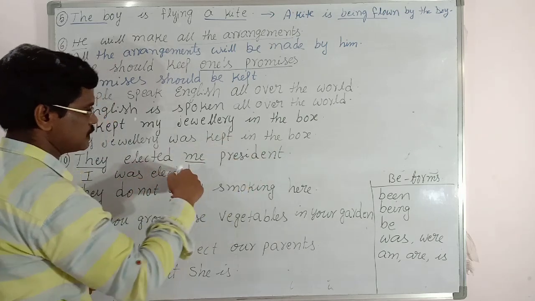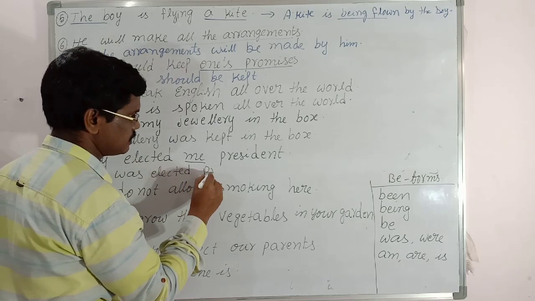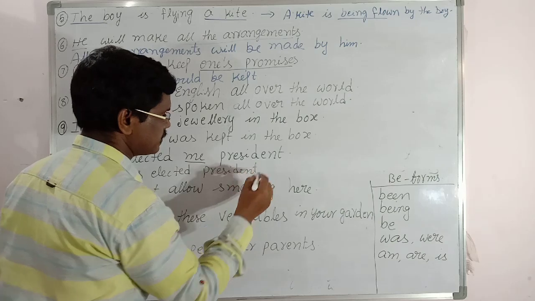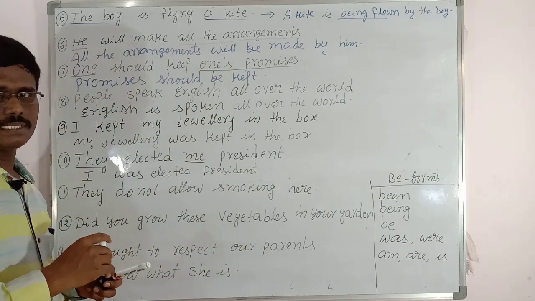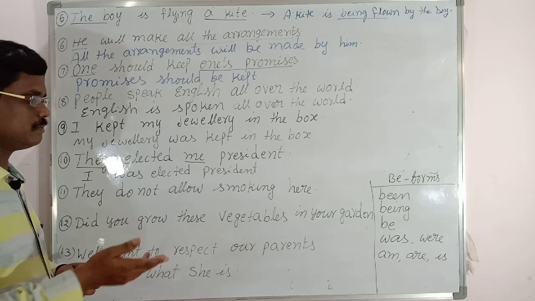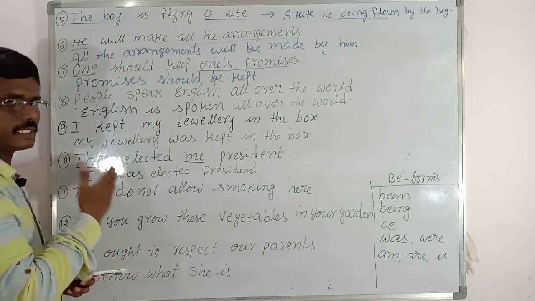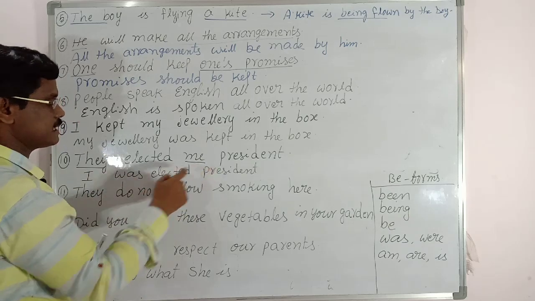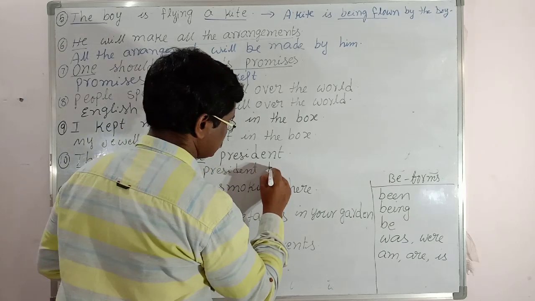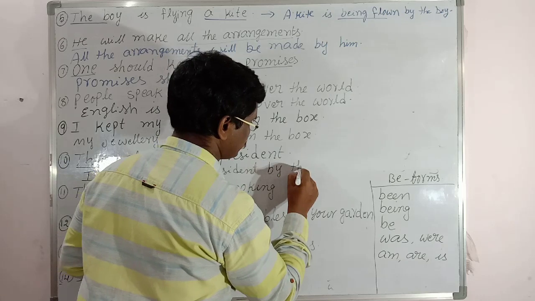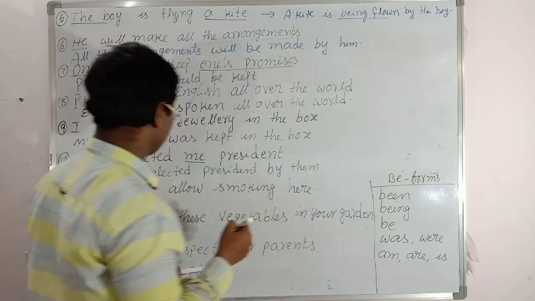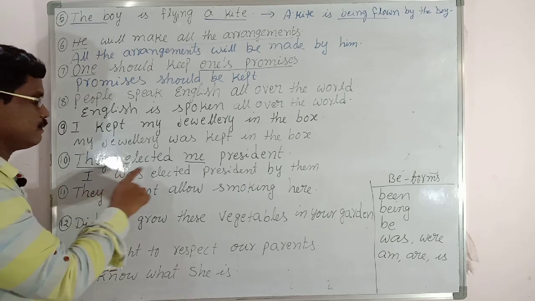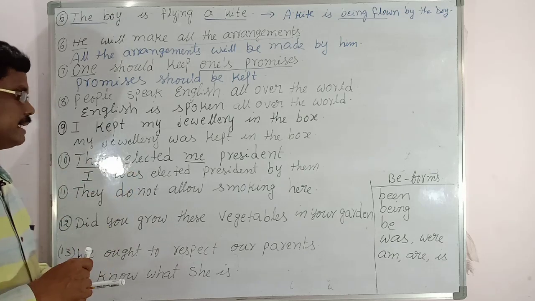Whatever extra words you have, you write them first, because in competitive examinations it makes a lot of difference. In general terms no problem, but in competitive examinations it is very important. I was elected president by them. Be careful, very important. I was elected by them president, that is wrong. I was elected president by them.